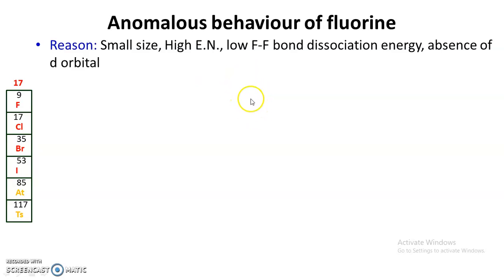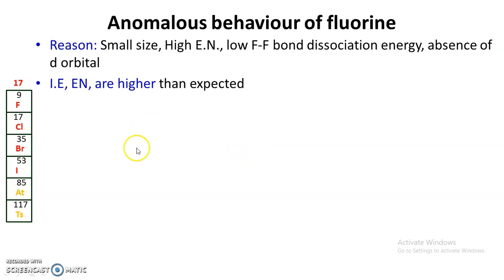At the same time, in the fluorine molecule, F2, the bond dissociation enthalpy is low. It means this fluorine bond can be broken easily, and F minus is available for reaction. And in fluorine the d orbital is absent. These are the reasons for the anomalous behavior of fluorine compared to the rest of the elements.